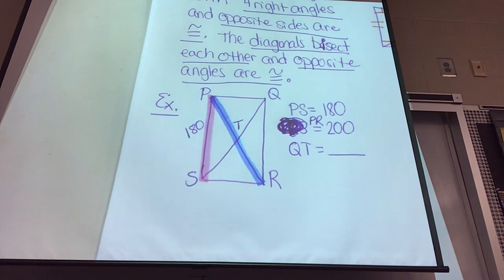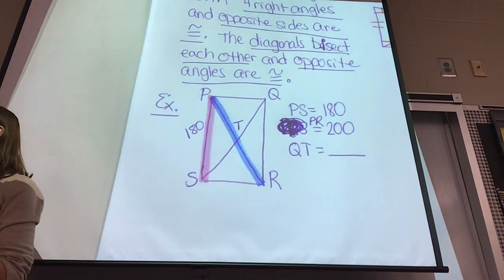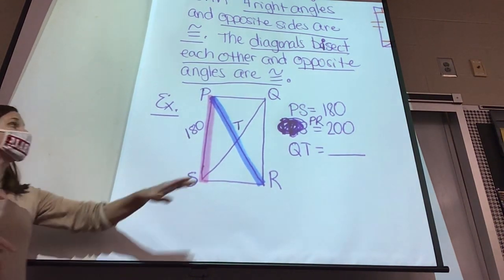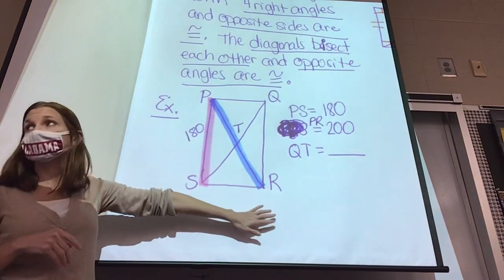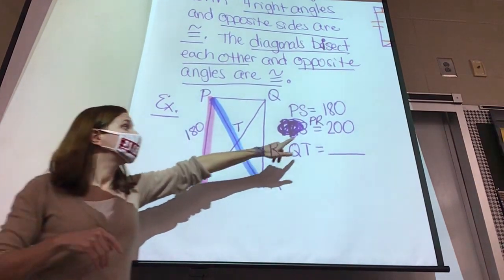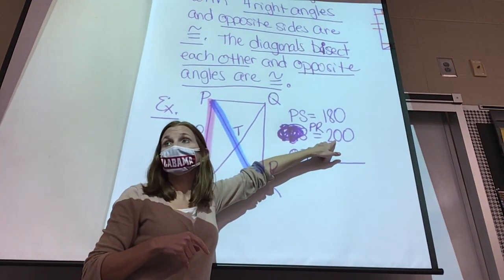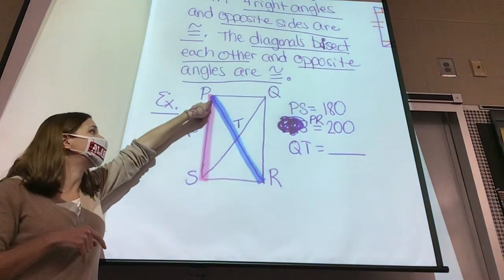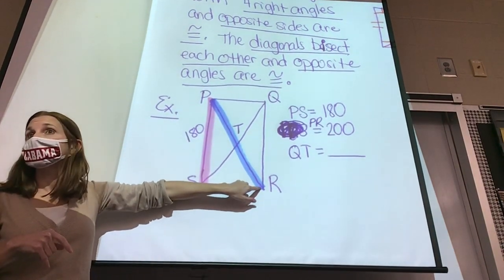Now, what do we know about the whole diagonal? It's cut in half. If the whole thing is 200, half of it is 100.